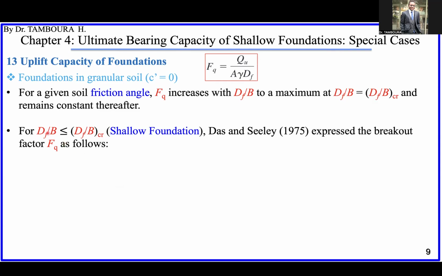If DF over B is less than the critical one, then our foundation is called a shallow foundation. Please remember that.